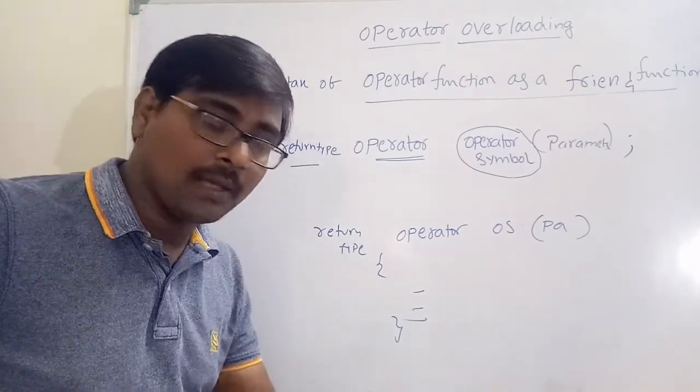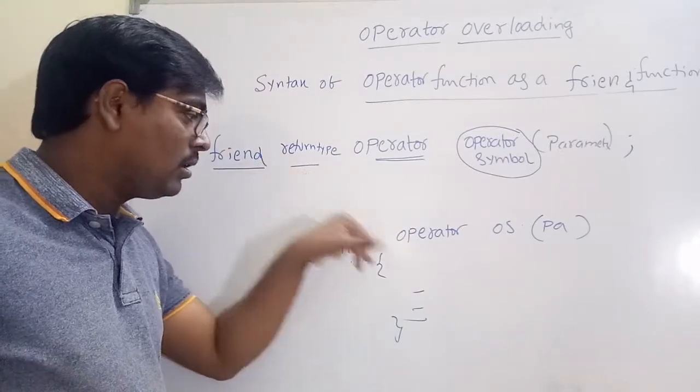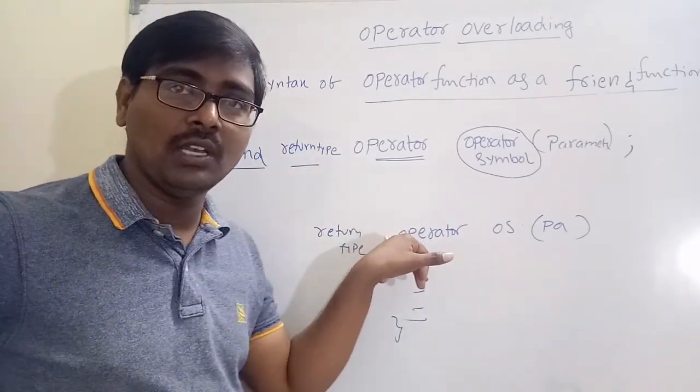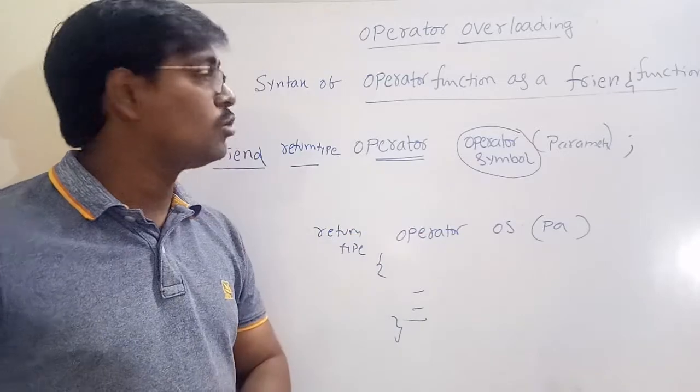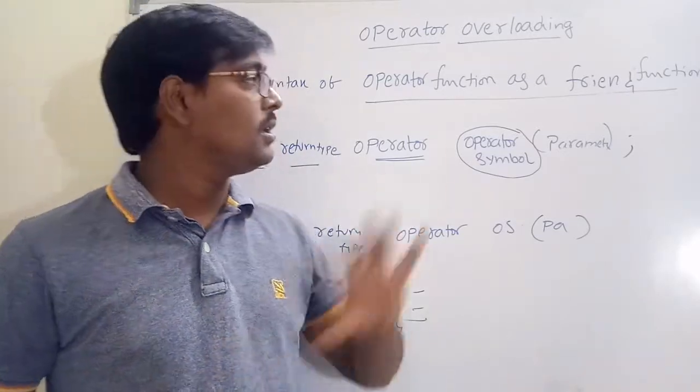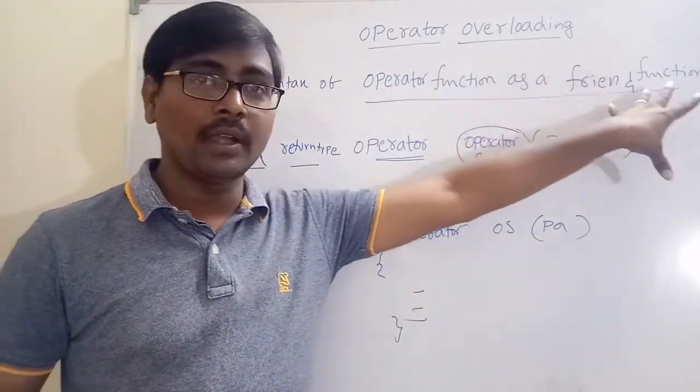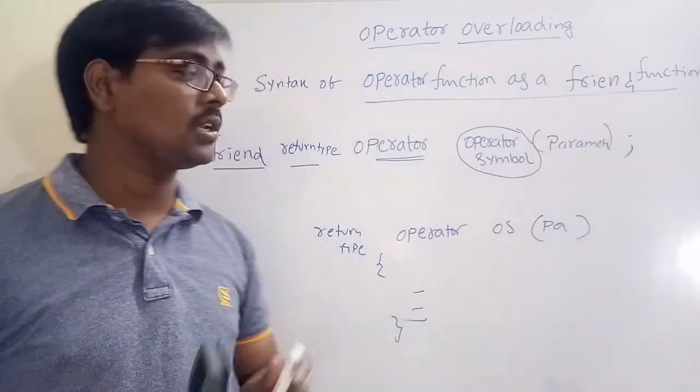And since it is already a friend, there is no need to use the scope resolution operator. This is the way to create an operator function as a friend function.